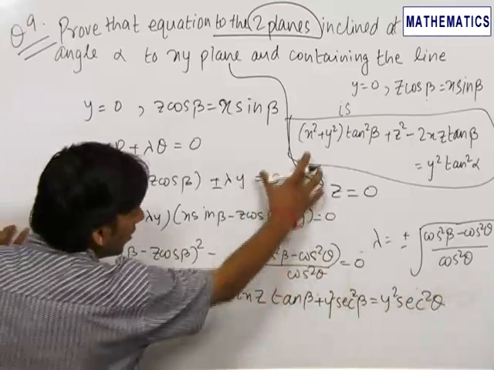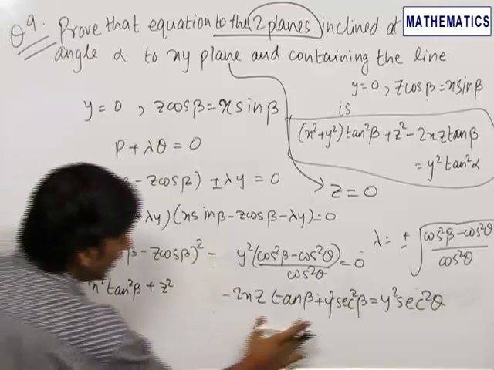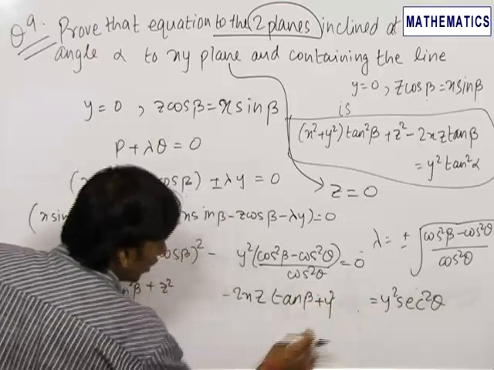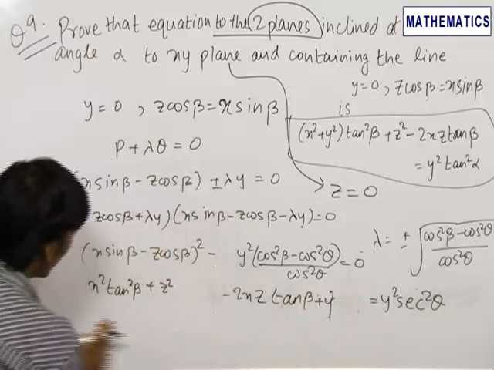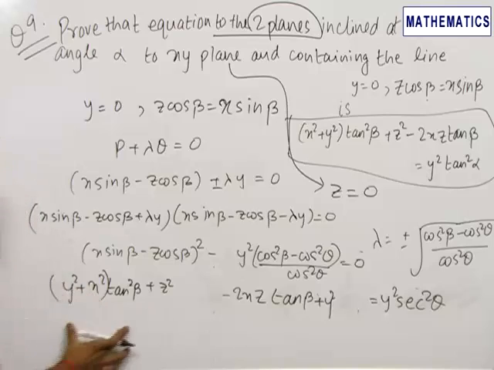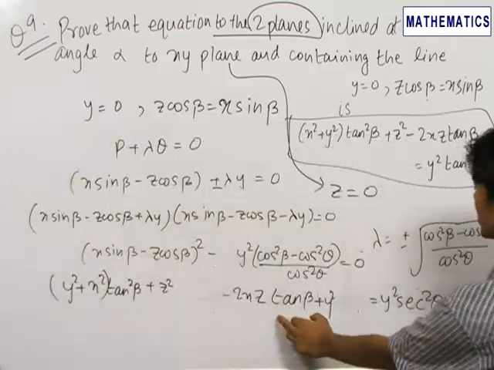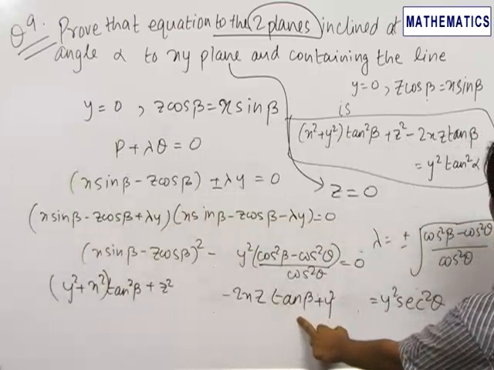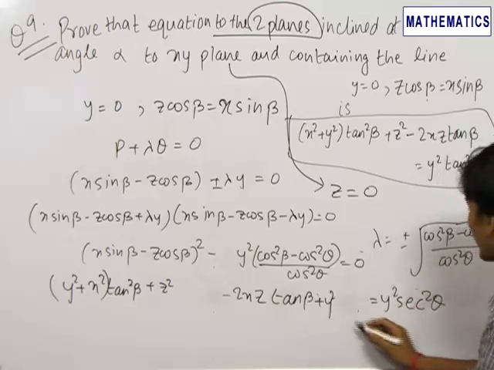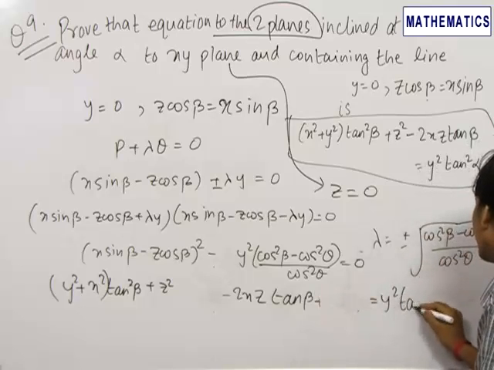Now we are seeing a term of x square plus y square tan square beta over here. So to get y square tan square beta, let us write this sec square beta as 1 plus tan square beta. So this will be y square plus y square tan square beta. Therefore we get this term already, and we also get z square, and we get minus 2xz tan beta is equal to y square times sec square theta minus 1, which can be written as y square tan square theta.